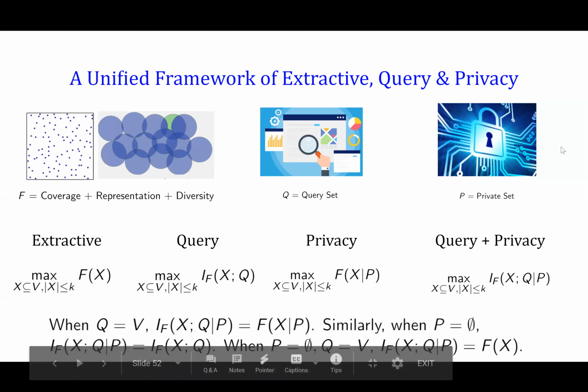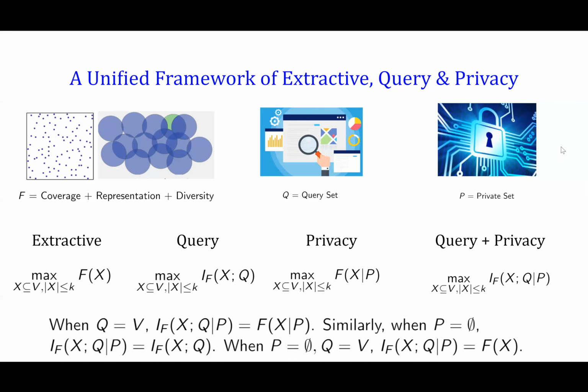What is interesting is that this formulation unifies all of this, right? When my query is everything, that is, I really don't have a query, then I_f(X; Q | P) is essentially f(X | P). So this is privacy-preserving summarization. If my P is empty, so there is no privacy constraint, then I_f(X; Q | P) is basically I_f(X; Q).